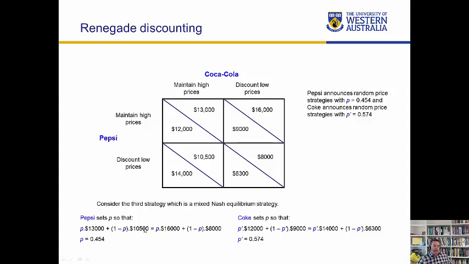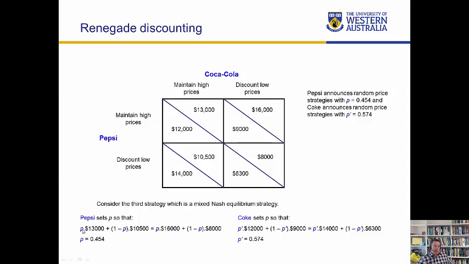On the left-hand side, this is actually the expected profit of Coke when it sets high prices. How do I know that? Well, the payoffs here are 13,000 and 10,500, which are the payoffs in this matrix when Coke sets high prices.